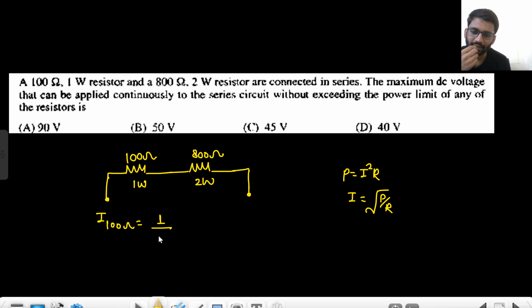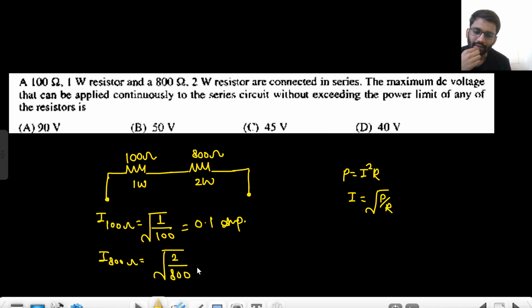So it would be 0.1 ampere. What should be the current through the 800 ohm resistance? It would be under root P by R, so it would be 2 by 800. So it would be 1 by 400, that means it would be 1 by 20, right? 1 by 20, so it would be 0.05 ampere.